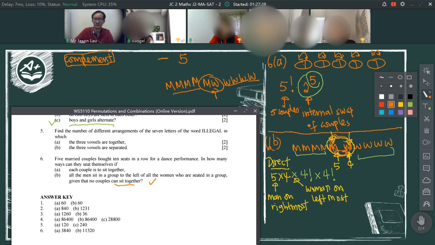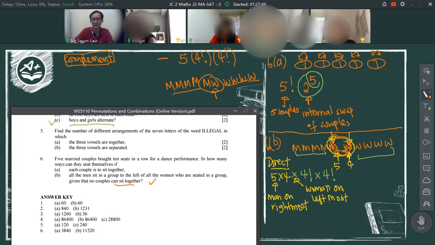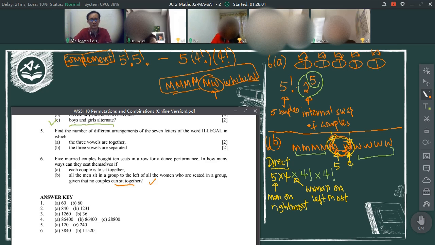Times 4 factorial times 4 factorial. Then what's the total? 5 factorial plus 4 factorial. Very good. What's the answer if you do that? Oh, it's the same. You get the answer? Yeah.